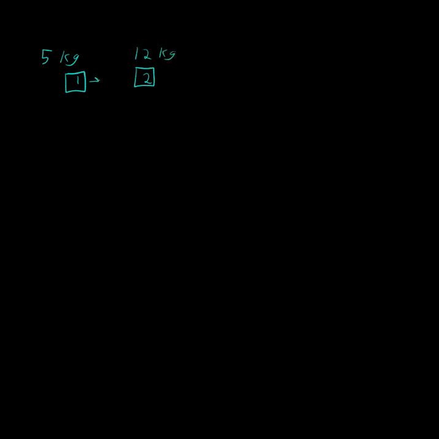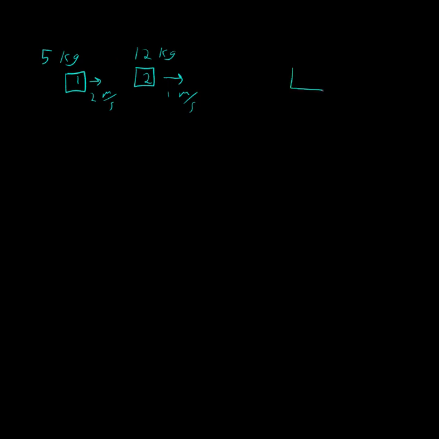If this is going 2 meters per second, and this one is going 1 meter per second, we should be able to see what the velocities are and the momentums after they collide, provided they come together and merge.